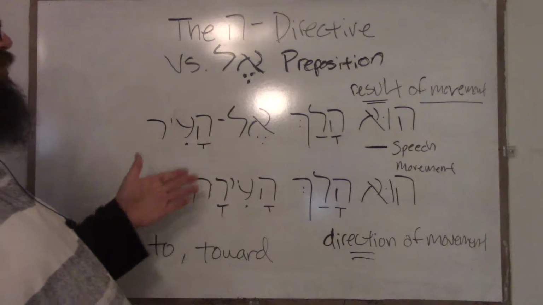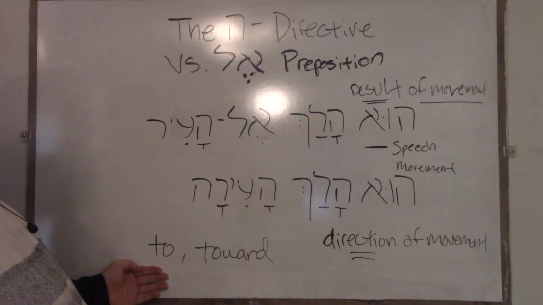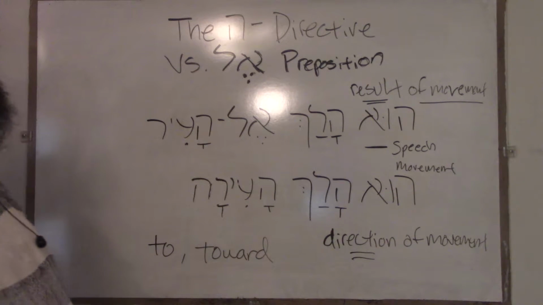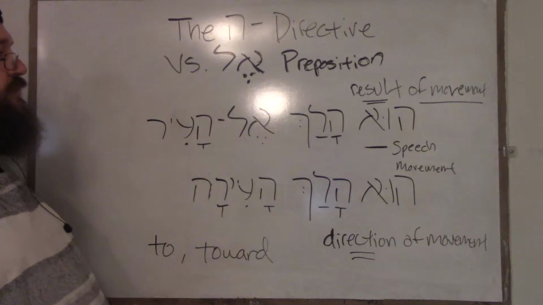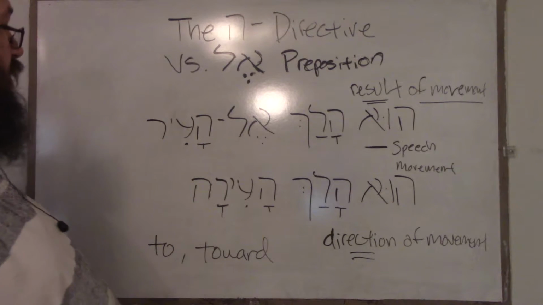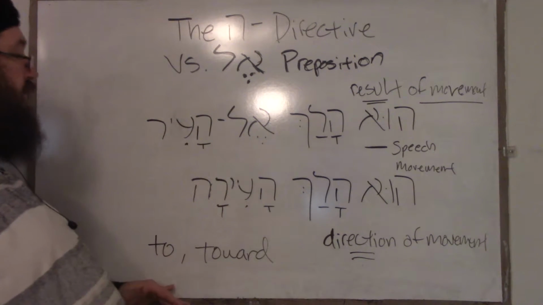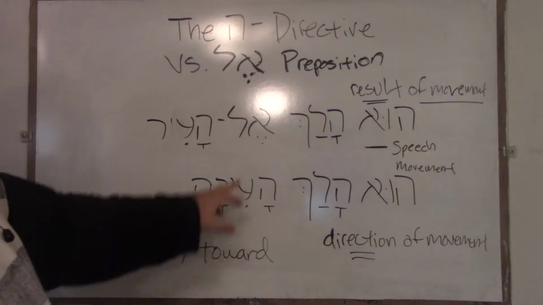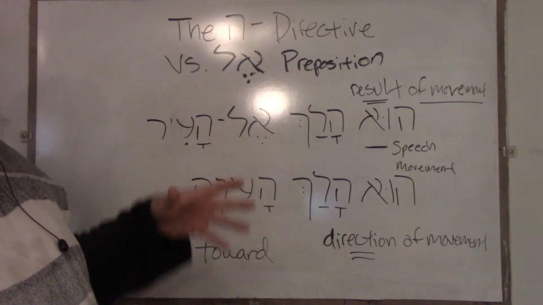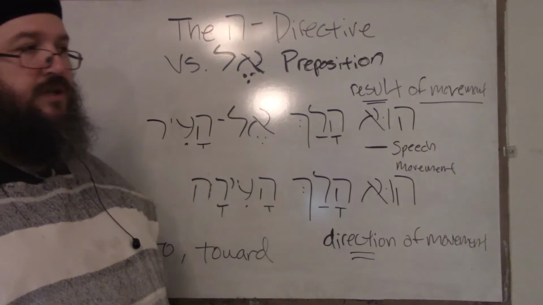Speech is the only one where el is used as the same thing we'd have in English, to or toward. He spoke to the man, or he spoke toward the man. These two would be how el functions with dual purpose when we're talking about the issue of speech.